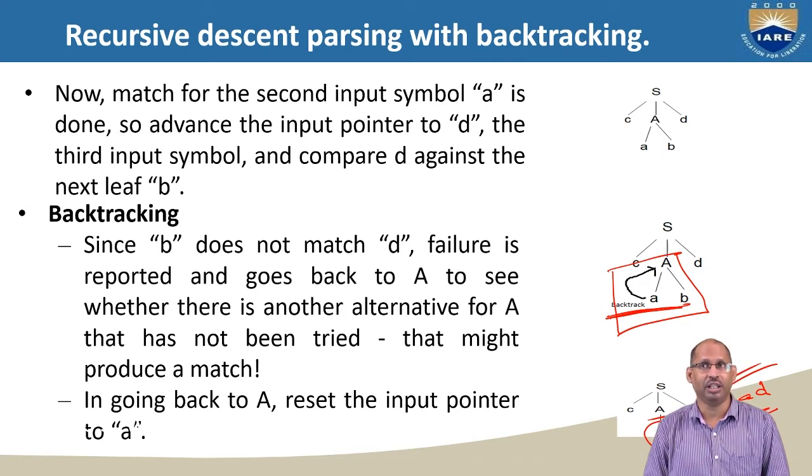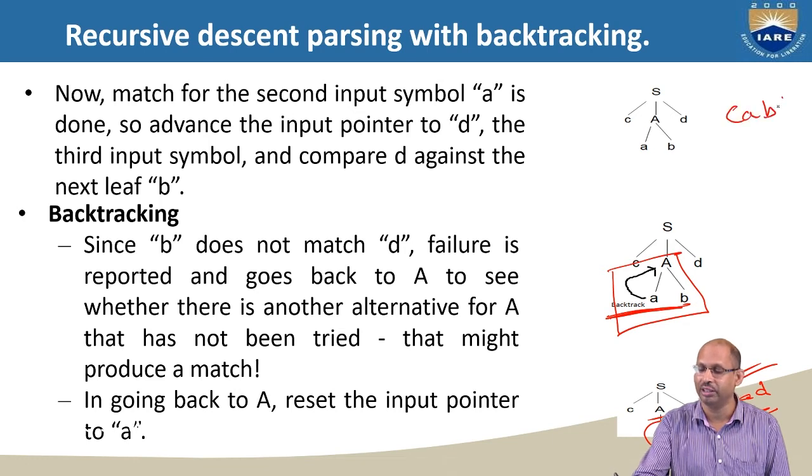So we have a non-terminal A to be expanded. The non-terminal A has two productions. As the first choice, we have taken the first production, but when we consider the first production, it is giving CABD, right?